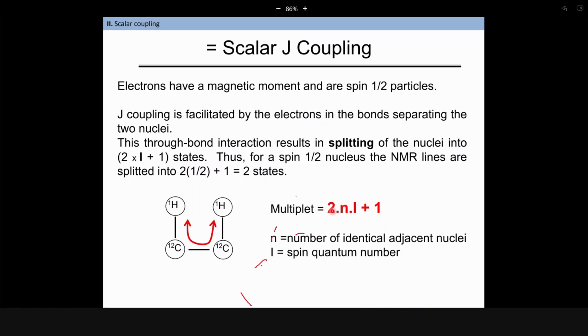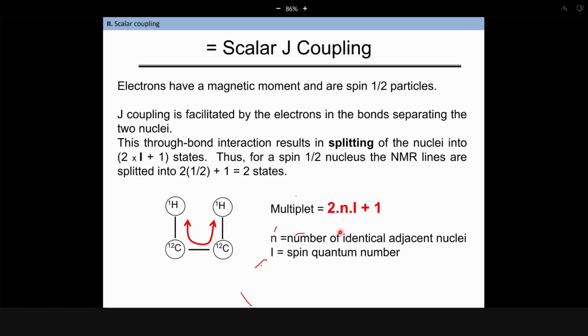So the number of lines in the signal is called the multiplet in English. And the number of lines in the signal will be directly linked to the number of protons in the neighborhood.